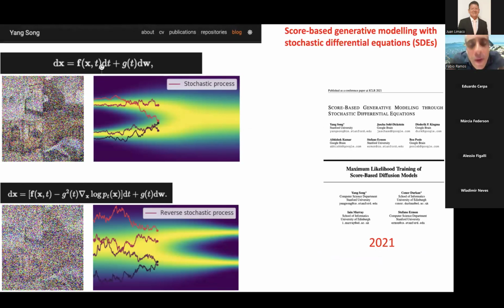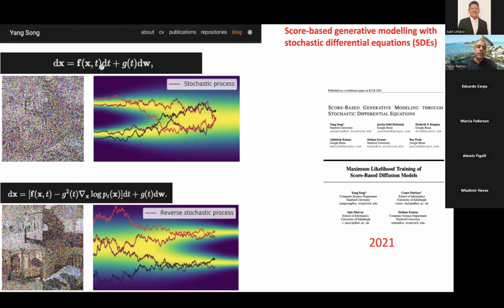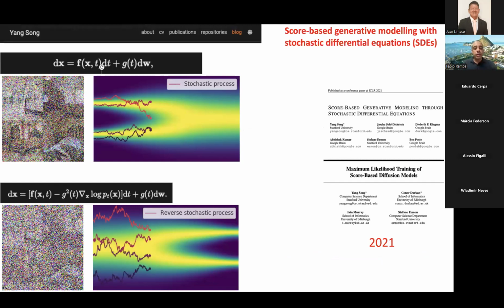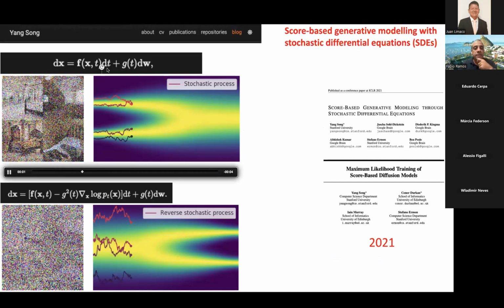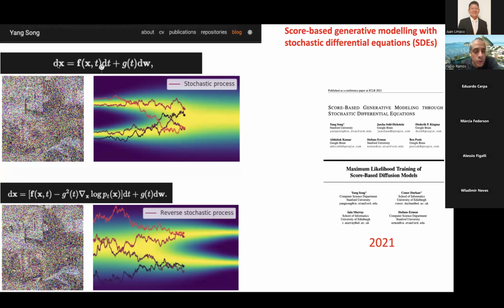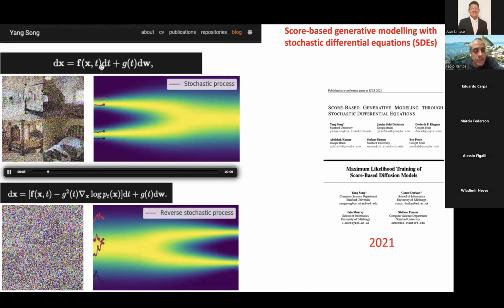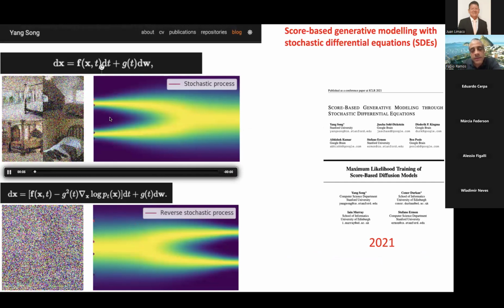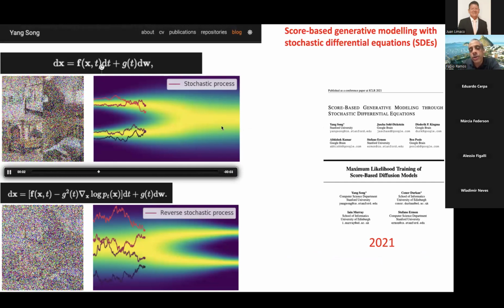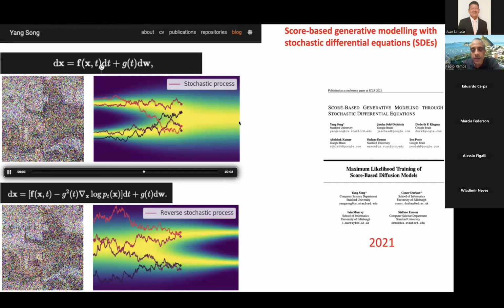So this idea of adding noise and reversing noise, there's a very natural framework to do this, through diffusive stochastic differential equations, right? So you just get this initial data and evolve with some drift and some noise, right? Until you reach a Gaussian-like distribution.